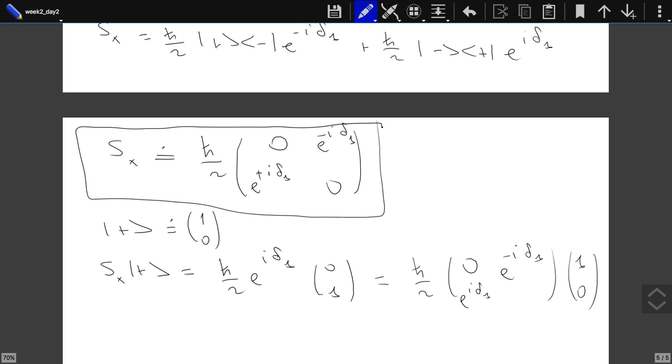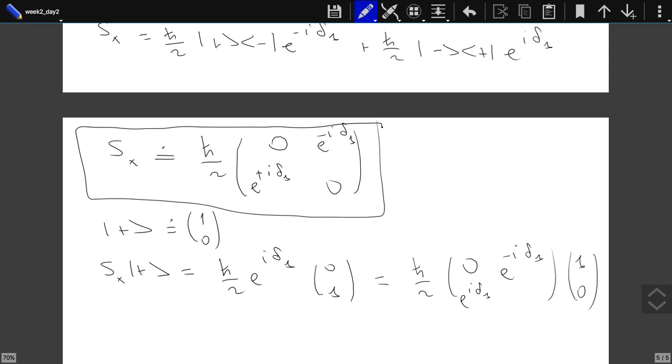The x axis is perpendicular to the z axis, but we can choose this as our x axis, or this, or this. We are just free to choose our x axis. So the corresponding states are also arbitrary. It depends on how we choose our x axis. And that arbitrariness is reflected in this value delta 1.